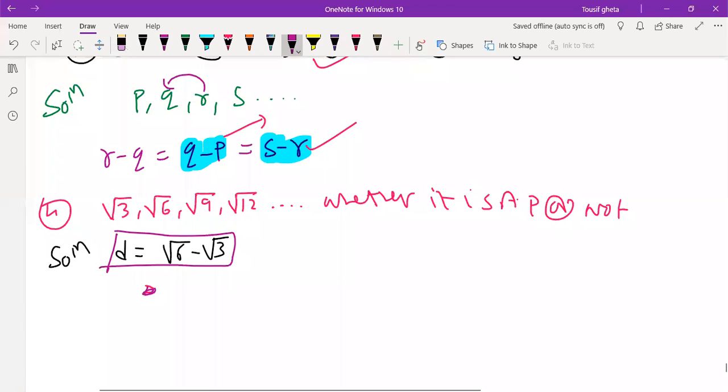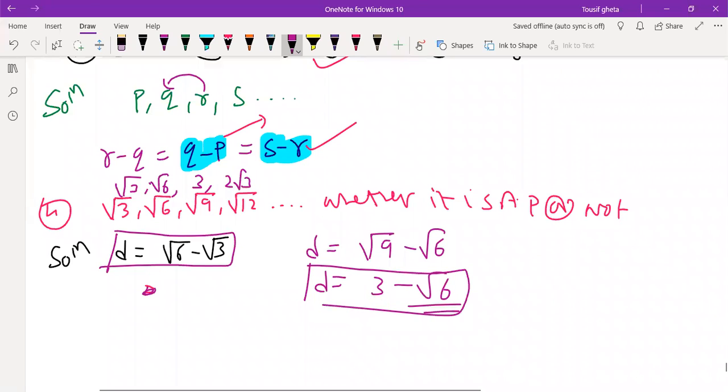Okay. Now, actually this should be a root 3. This was root 6. And this root 9 will become 3. Root 12 will be written as 4 3s are 12. So 2 root 3. So now again I will do D is equal to root 9 minus root 6. Root 9 is 3 minus root 6. You can't do anything again here.